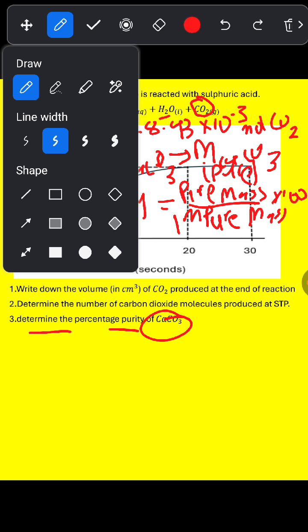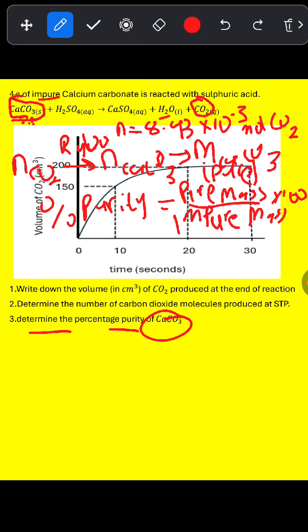So let's get into it. Already the number of moles of carbon dioxide, I have them. Now let me get the number of moles of calcium carbonate using the mole ratio. The coefficient of calcium carbonate in the reaction is 1, and the coefficient of carbon dioxide is 1.